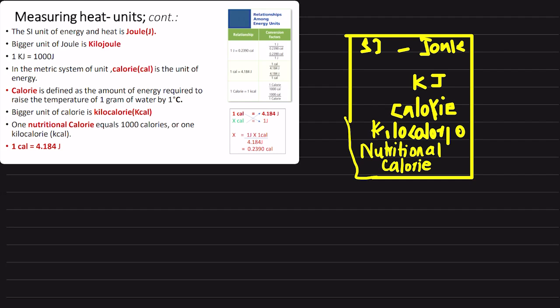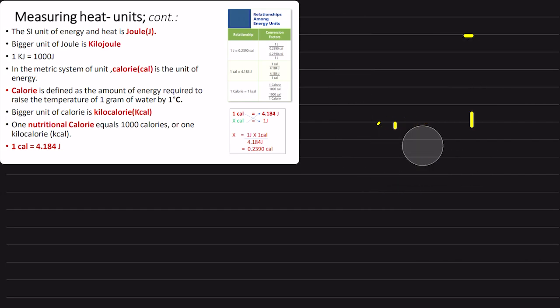So what are the units of heat? The SI unit of heat is joule. This is the standard unit.